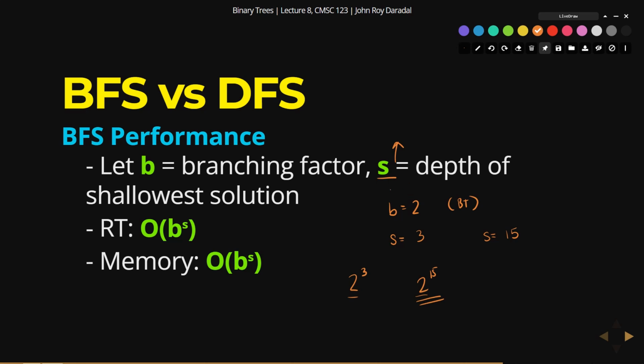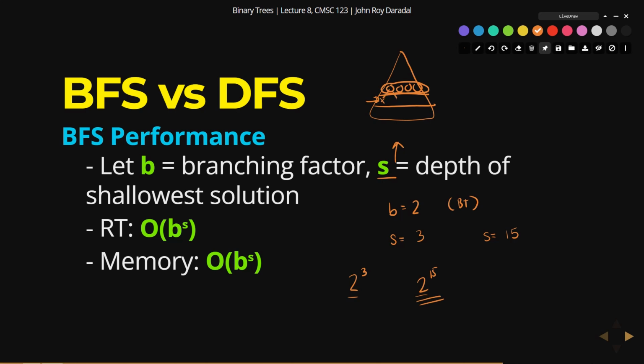Okay, so why is the memory also big? Because as you go deeper, if you're already at this level, you're keeping all of the previous nodes in memory, right? Because how do you get to this level?